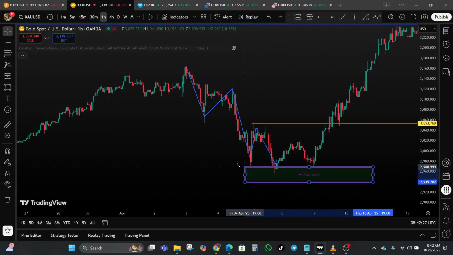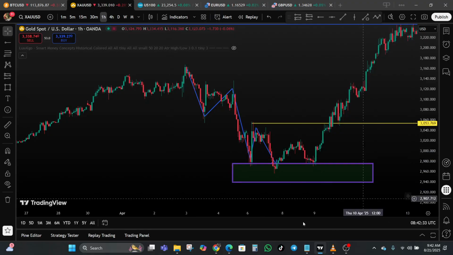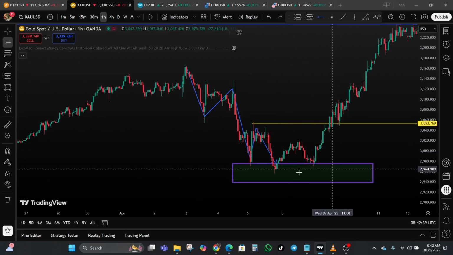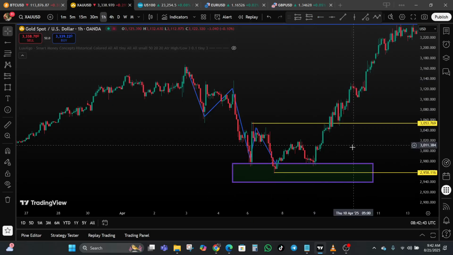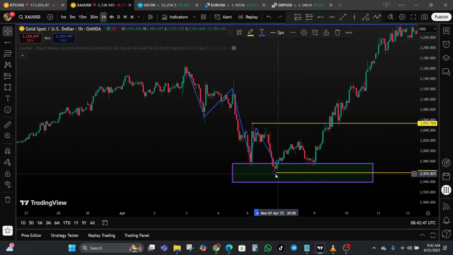Although this is not exactly an equal low, I'm just going to use this as an example. An equal low is when you have price testing the same level or approximately the same level. Had it been that price now dropped to this level, we would have an equal low, because we have approximately the same level.